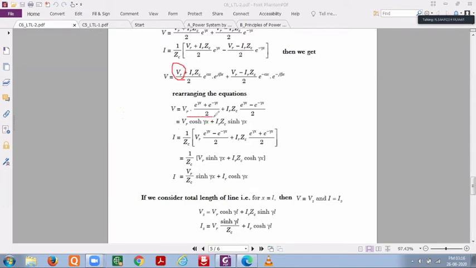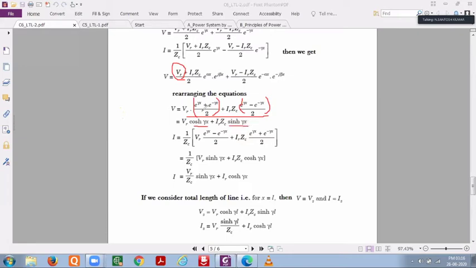Again, this is your math knowledge. If you simplify that, you will get e power gamma x. The hyperbolic function, correct? e power gamma x plus e power minus gamma x by 2 is nothing but cosh gamma x, and the other is sinh gamma x.